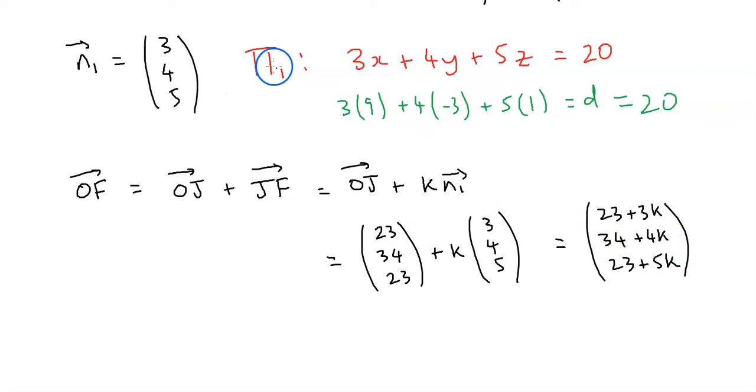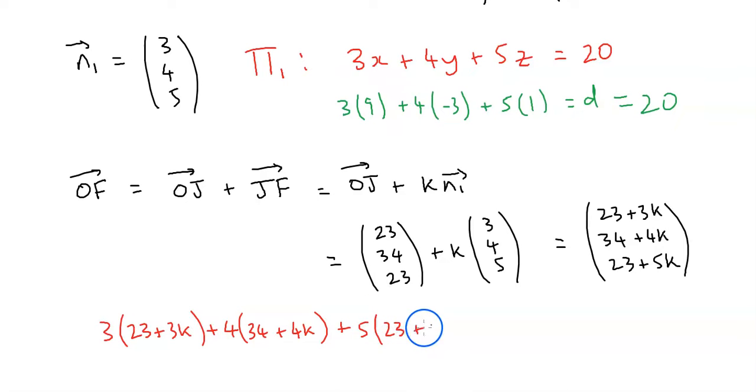And since F is in the plane pi 1, if I substitute in these coordinates for x, y, and z, they should satisfy the equation of plane 1. So 3 times (23 plus 3k) plus 4 times (34 plus 4k) plus 5 times (23 plus 5k), that's equal to 20.